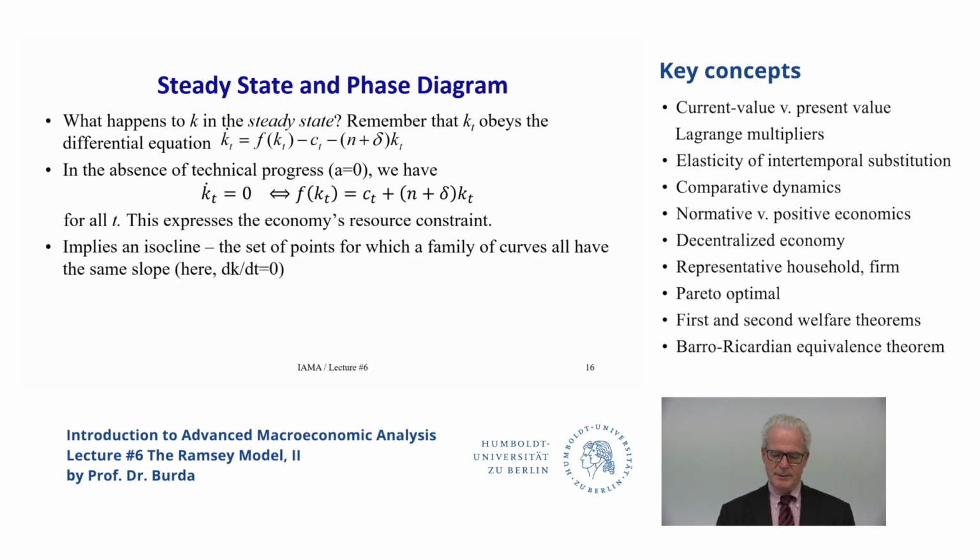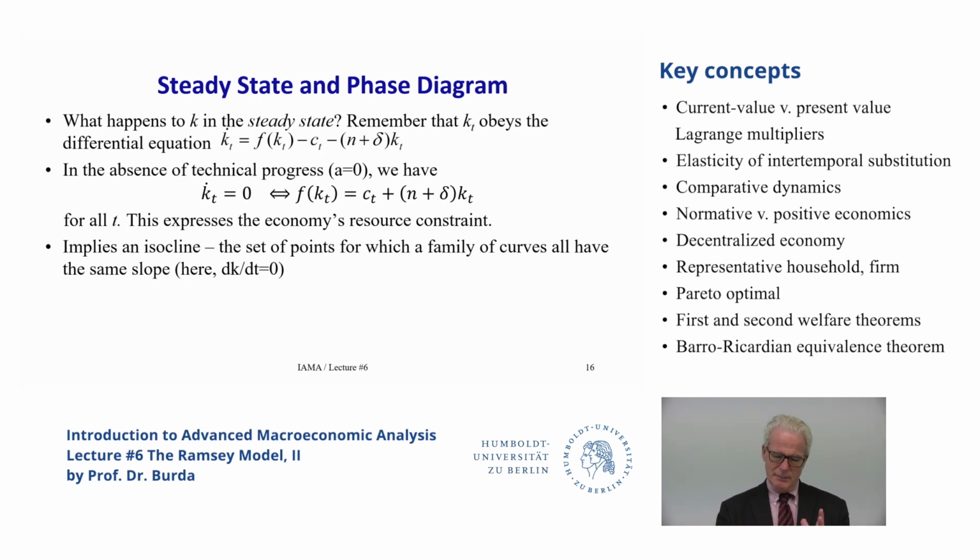So the economy's resource constraint implies that any time that you're off this curve, you're going to have an implied change of capital towards the locus, and if you're below this locus, you'll basically have a rate of change of capital in the negative direction.